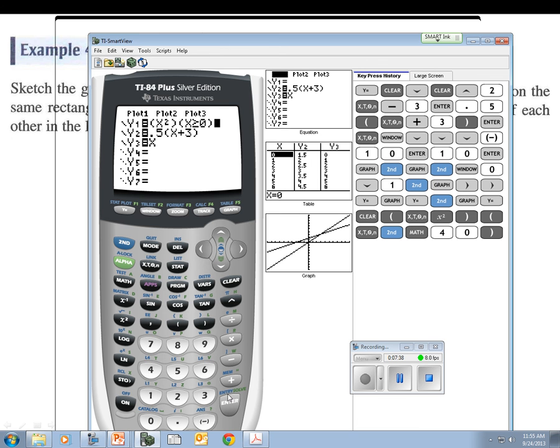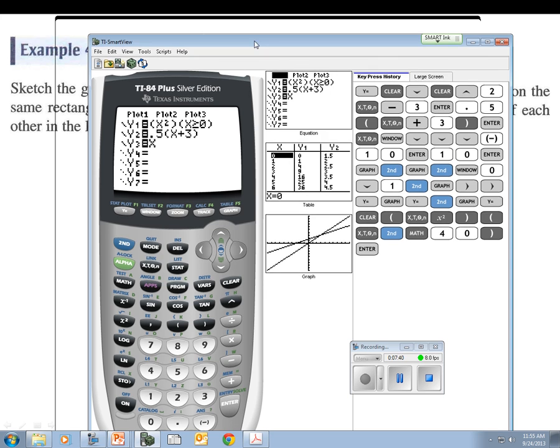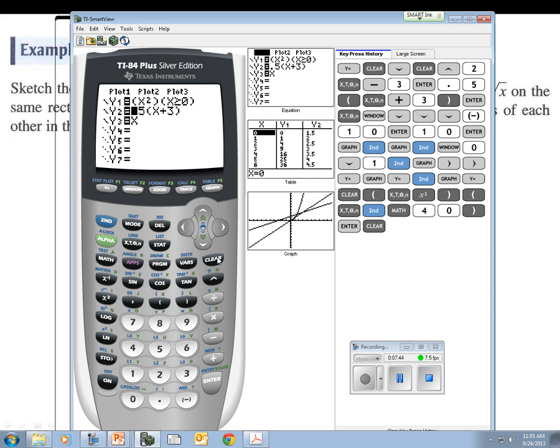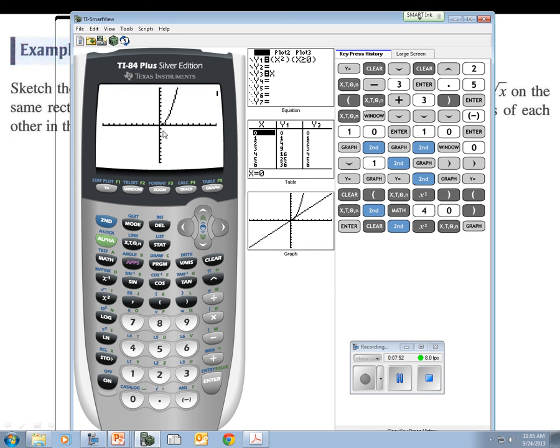And our next line was square root of x. And I'm going to keep the y equals x line. Let's go ahead and graph this. All right, there's x squared. There's square root of x. And look at that nice, clean line here.